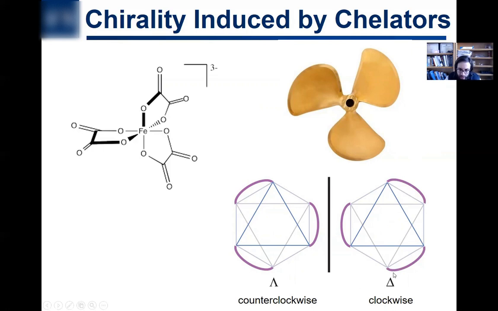It's right-handed. So it gets this delta terminology. The opposite way, when you're going counterclockwise, going back down that way, that is given the lambda designation. So there's a lot of different ways of naming these chiral systems.